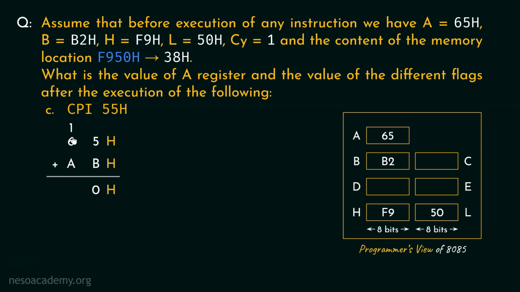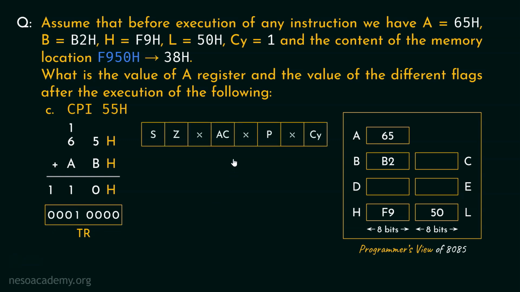So adding all these 3 digits, we will have the result as 11. Now the least significant digits' equivalent 8-bit binary we will store within the temporary register. Now 0 is 4 zeros in binary and 1 in 4-bit binary is 000 followed by 1.